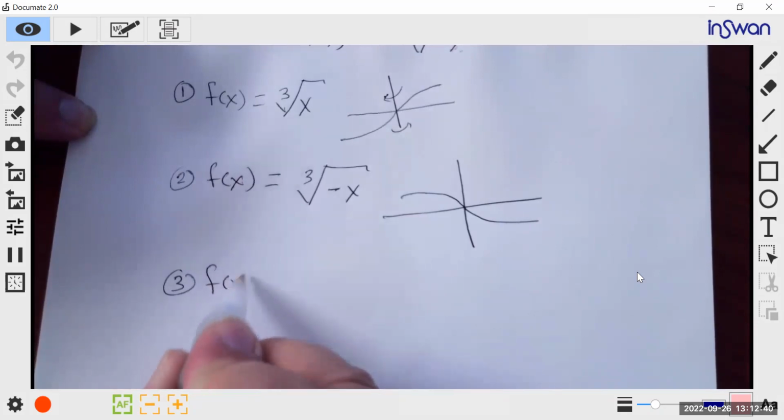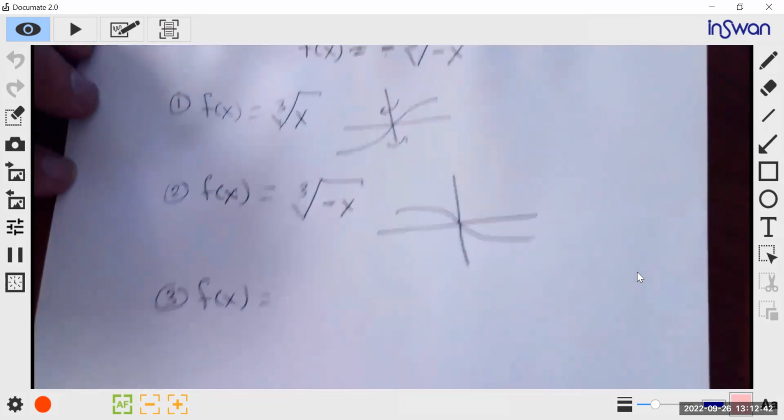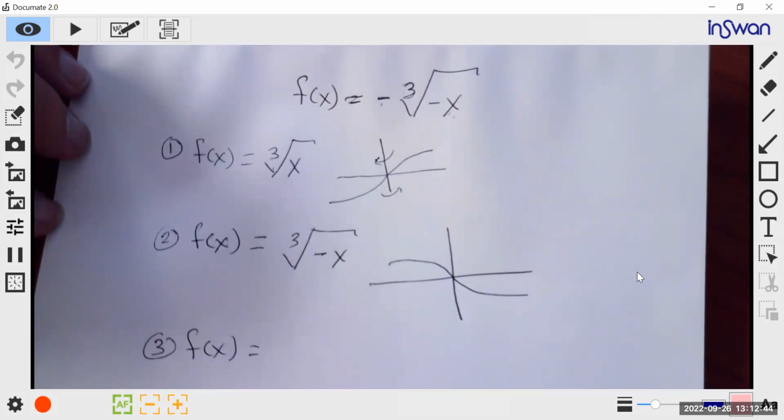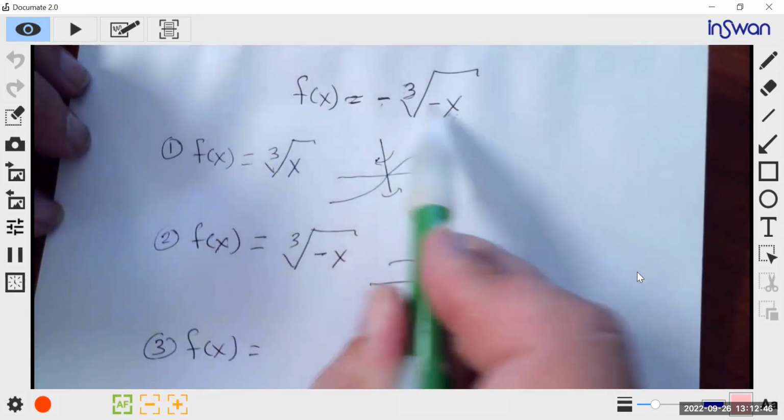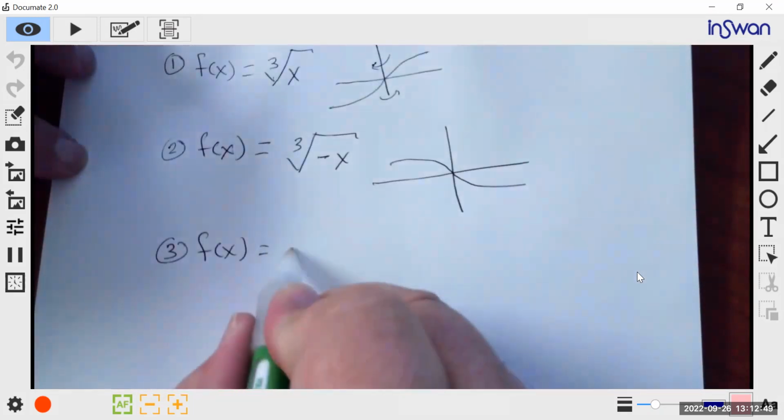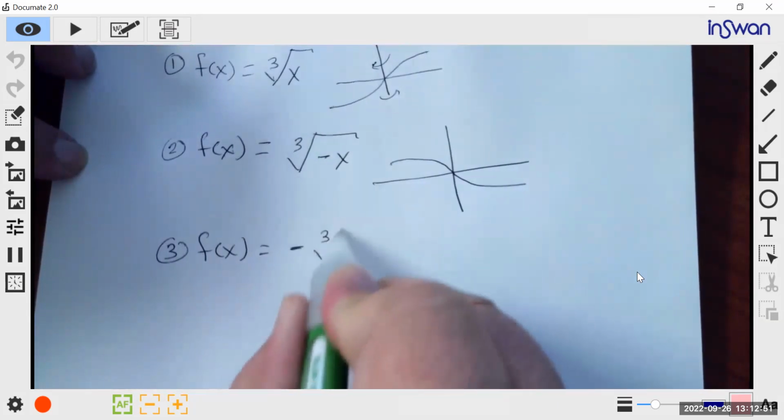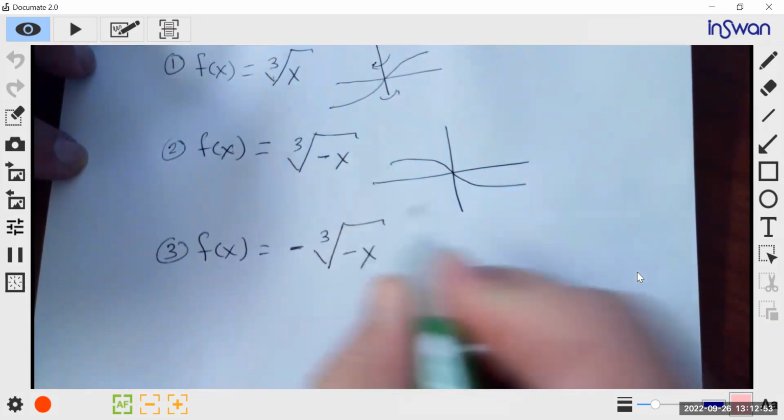And then what else happens to the function? There's a negative in front of X, that's a negative on the outside. What happens to the negative that's on the outside? What does that do to it?